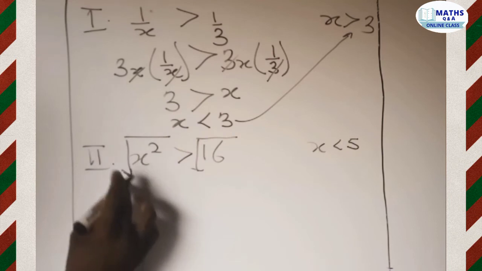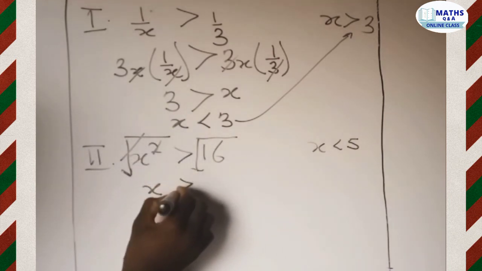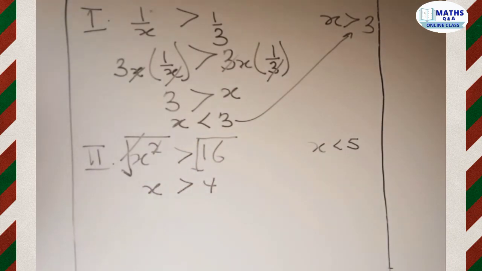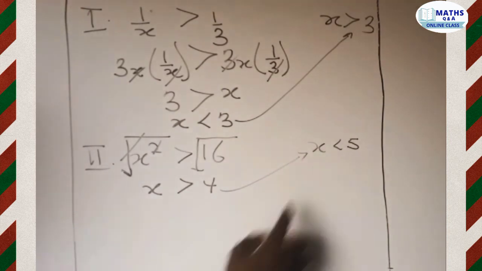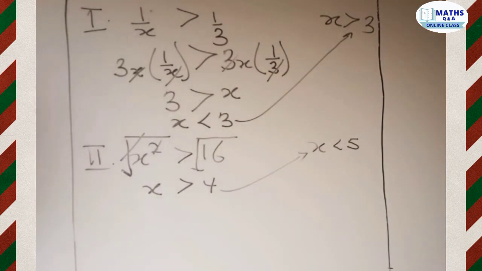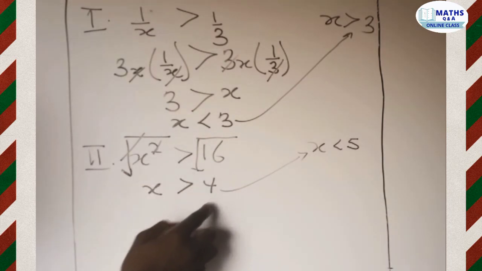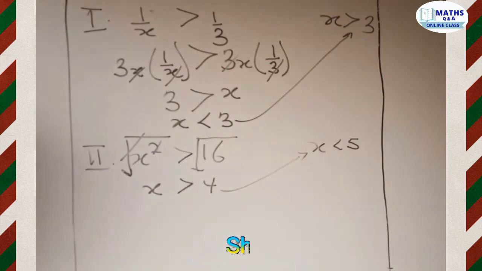The square root of x squared gives us x, which is greater than the square root of 16, which is 4. So this is the result we get. Now let's compare this to what we are having here. We were given that x is always less than 5. But what we are having here says that x is always greater than 4. So this means that this implication too is not true.